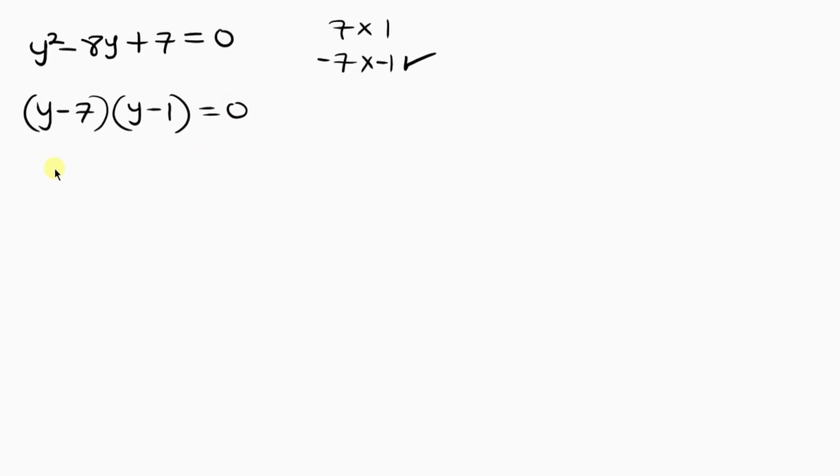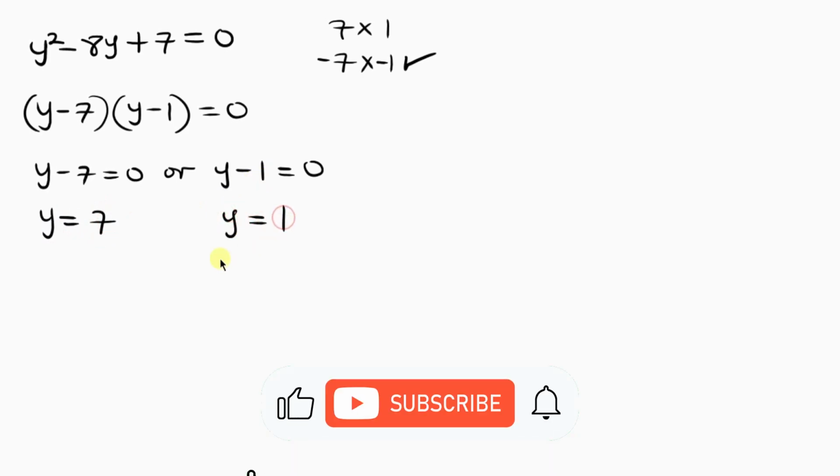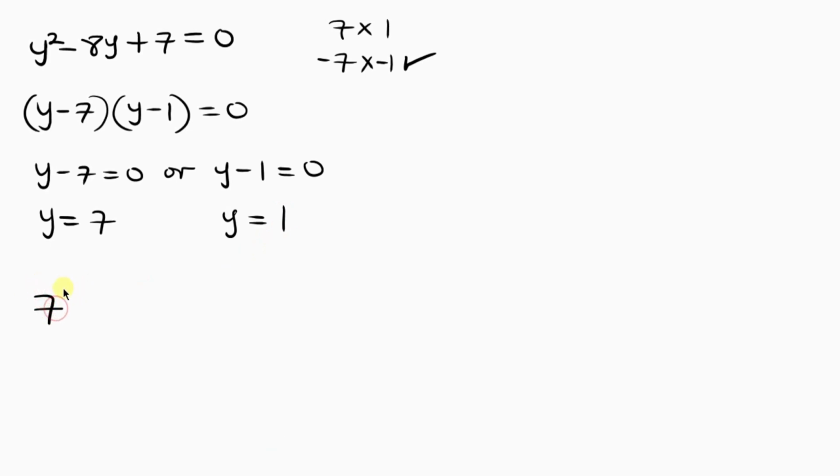Now applying the zero factor theorem, I have two cases, which is y minus 7 is equal to 0 or y minus 1 is equal to 0. So for the first case, y will be equal to 7, and for the second case, y will be equal to 1. Now, remember that we said 7 to the power of cos squared x is equal to y, which is what we substituted. So let's go for the first case.